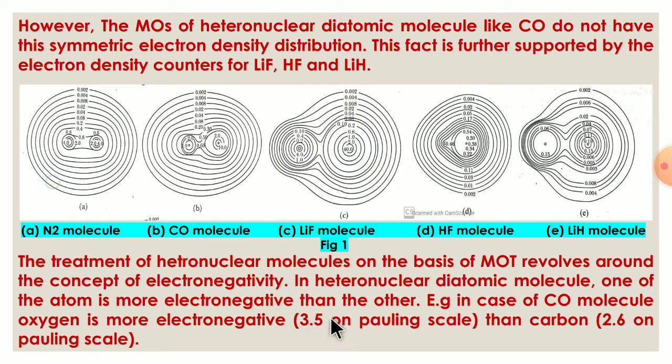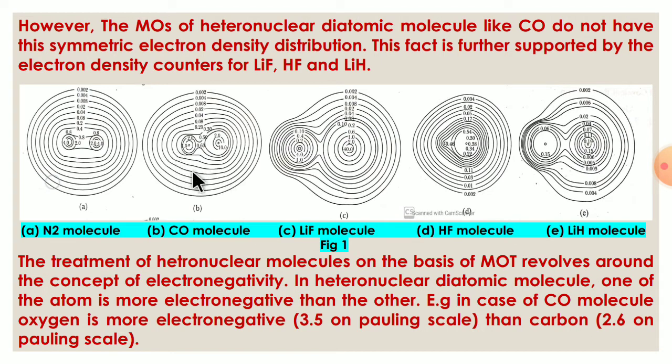Its electronegativity value is 3.5 on the Pauling scale, while that of carbon is 2.6 on the Pauling scale, which is small as compared to oxygen. Therefore, oxygen is more electronegative, which pulls the electron density towards itself, and the electron density around the oxygen atom becomes more dense as compared to carbon.